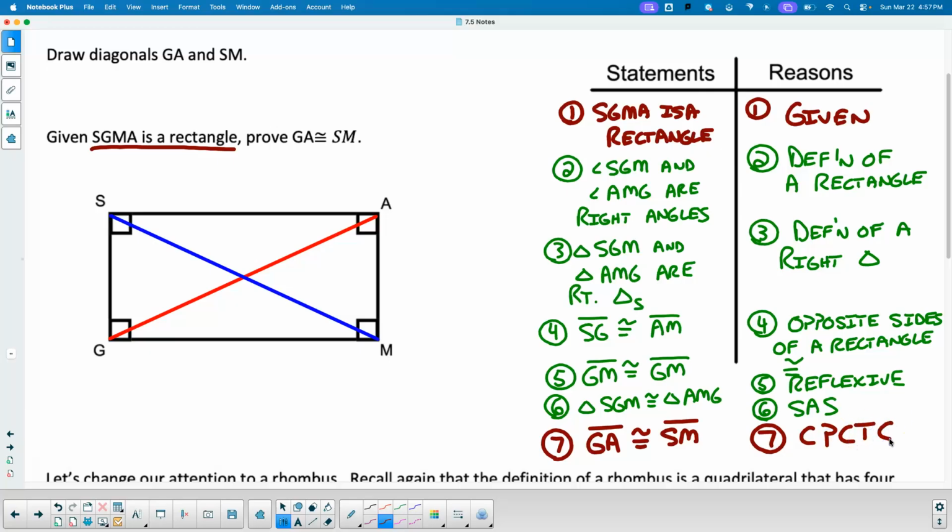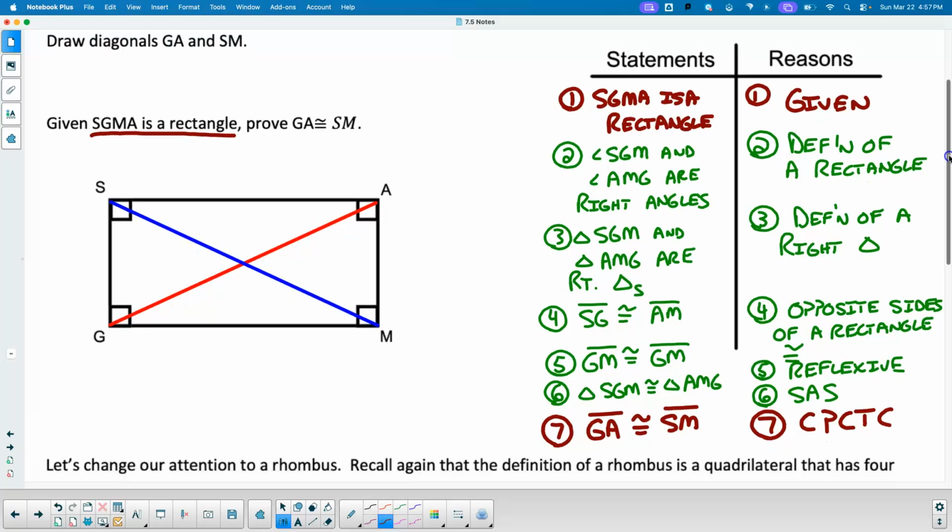Corresponding parts of congruent triangles are congruent. Remember, in a proof, we have to say it before we can use it. We can't just use something if we haven't said it.